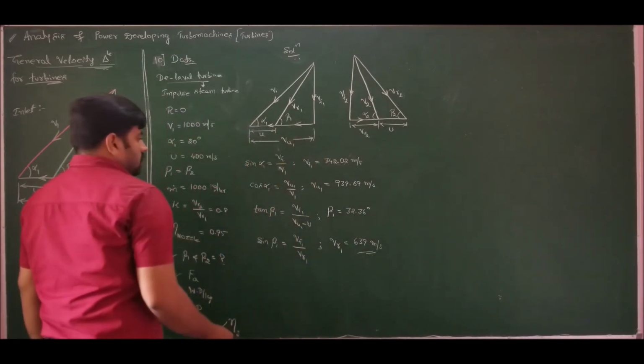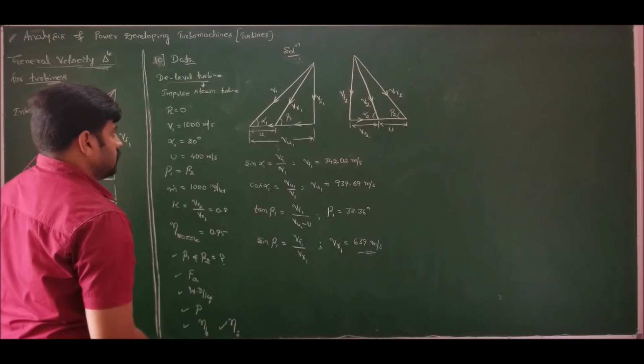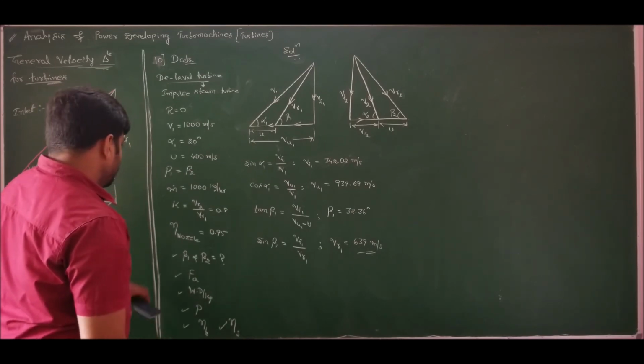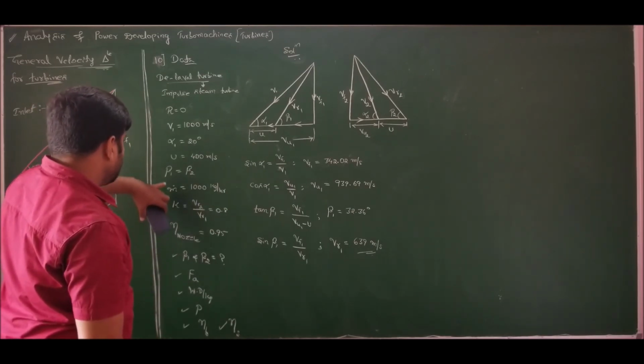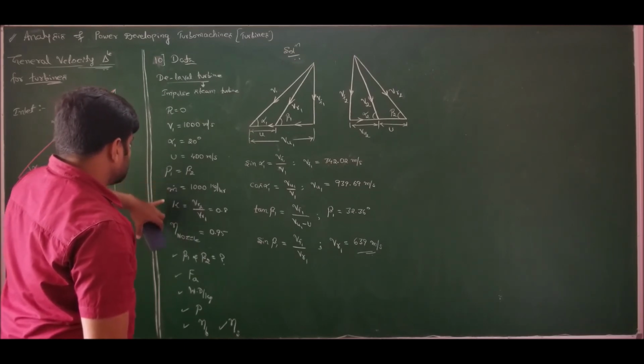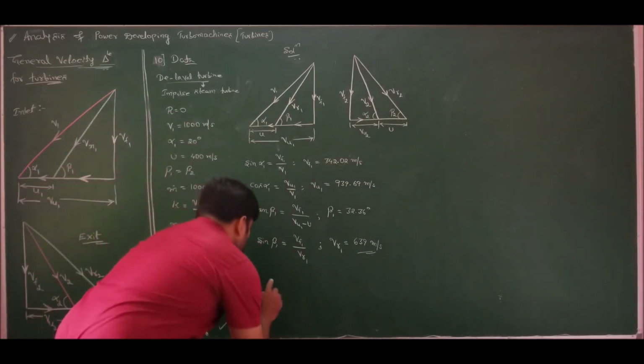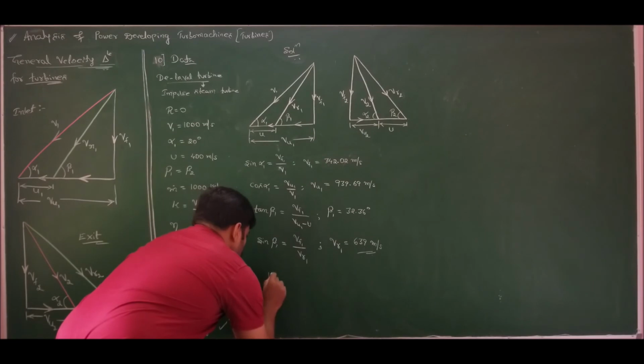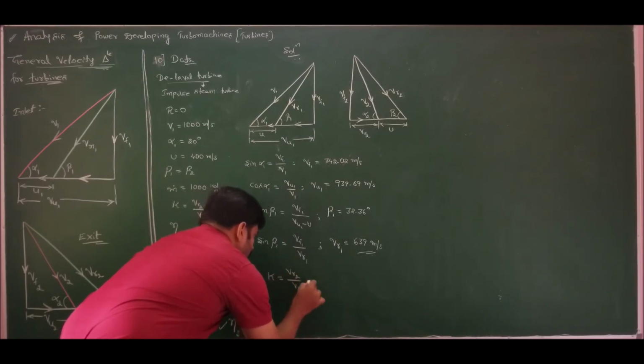Moving to the exit velocity triangle, the connection is given by the blade friction factor and blade angles. So K is known, therefore we can find VR2. K is equal to VR2 by VR1.